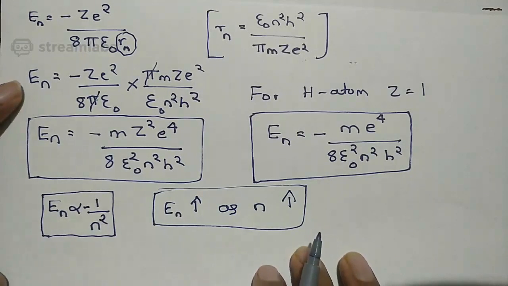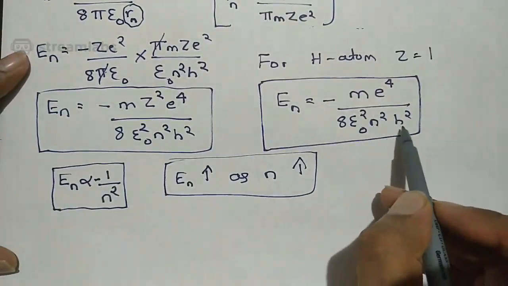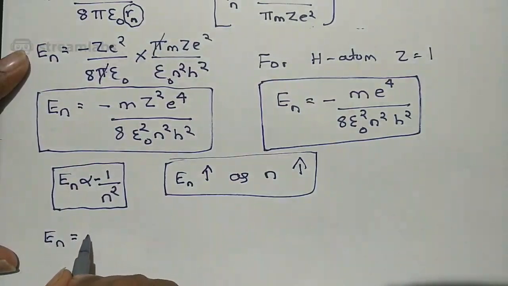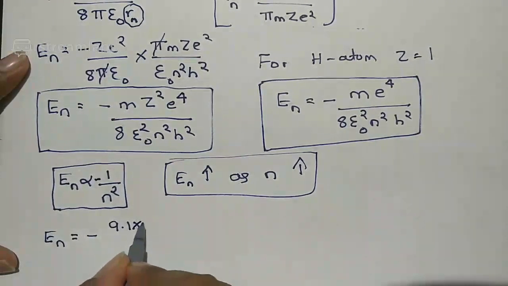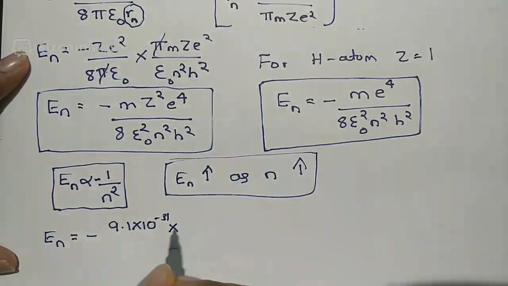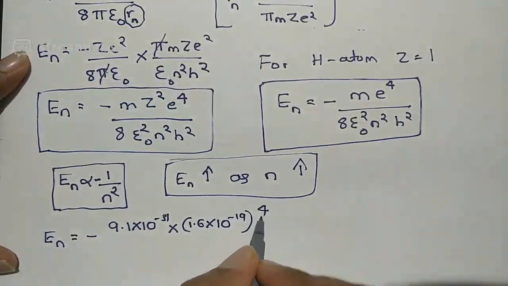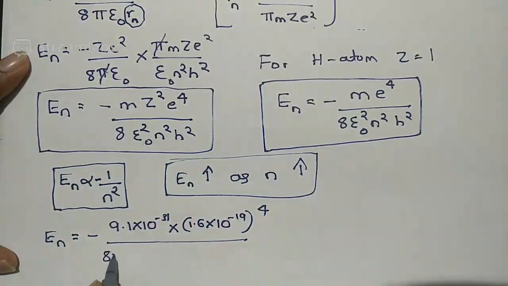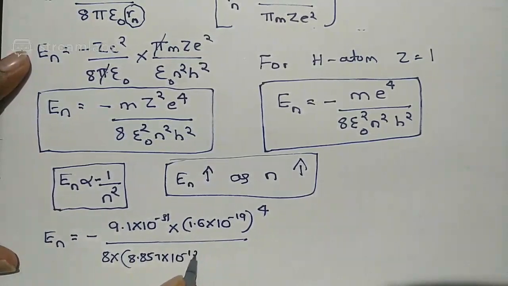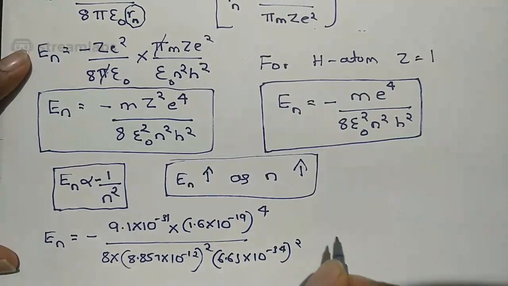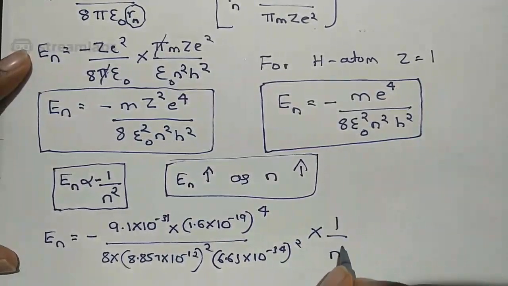Next, you know the values of m, e, epsilon naught, h. If you substitute, En equals mass of the electron 9.1 into 10 to the power minus 31 kg, charge of the electron 1.6 into 10 to the power minus 19 to the power 4, divided by 8 into epsilon naught, which is 8.857 into 10 to the power minus 12 whole square, and 6.63 into 10 to the power minus 34 whole square, into 1 by n square.